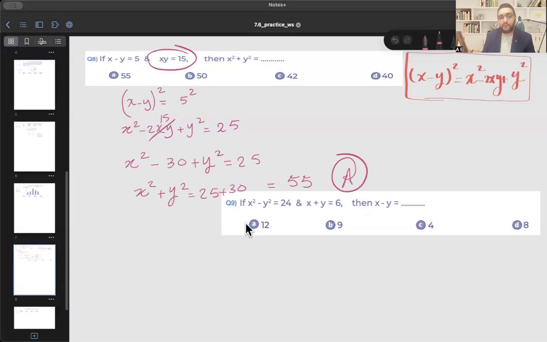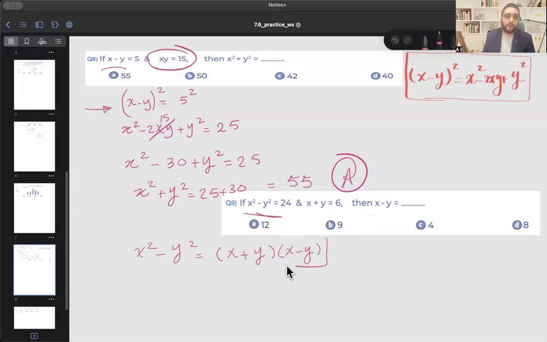For question 9, if x squared minus y squared equals 24 and x plus y equals 6, then x minus y equals what? This rule is different from the previous one. In the previous question, we used the perfect square. In this one, we will use the difference between two squares. If you have x squared minus y squared, this equals x plus y times x minus y.